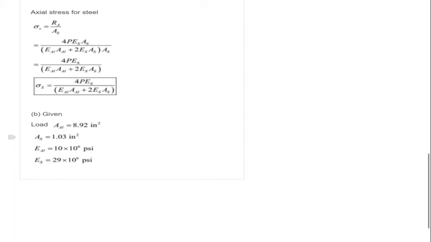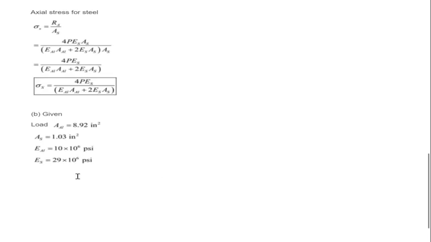And now we just need to calculate the stress in the steel and the stress in the aluminum, just replacing it in the 2 formulas that we had before. So first we do the aluminum, because that's the first formula we have.